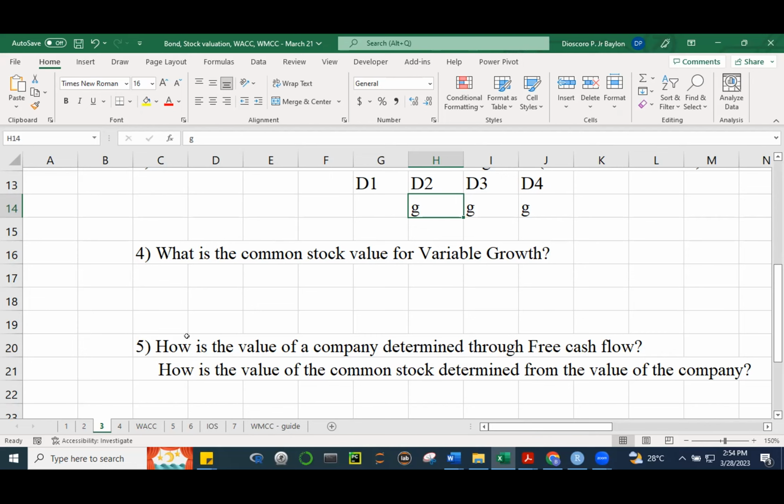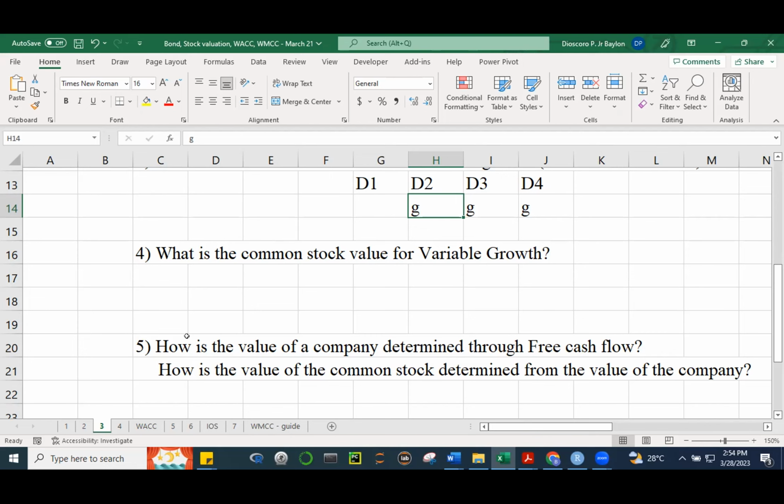So if you're asked what are the uses of free cash flow, as I mentioned a while ago, it can be used for payment of dividends. It can be used to buy back the shares of stocks, treasury stocks. It can be used to pay interest payments for creditors. It can also be used for principal payments.